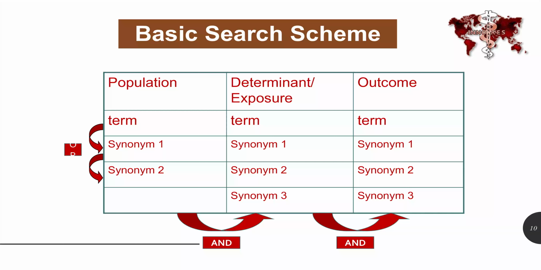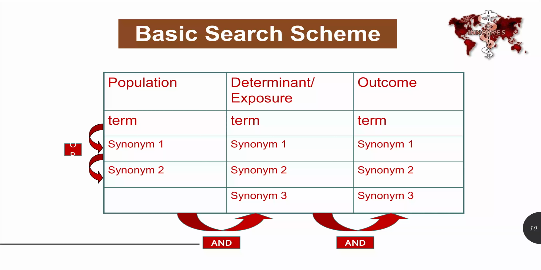For example, let's say our population is chest physicians. The synonyms we can add would be pulmonologist, TB specialist, and sleep medicine specialist. Whatever terms you can Google or find from your knowledge, you can add to this matrix under the column population. Similarly for the term determinant and exposure, and similarly for the term outcome.